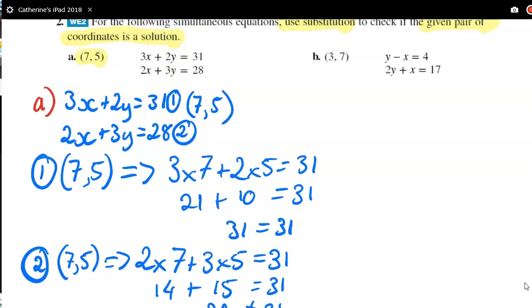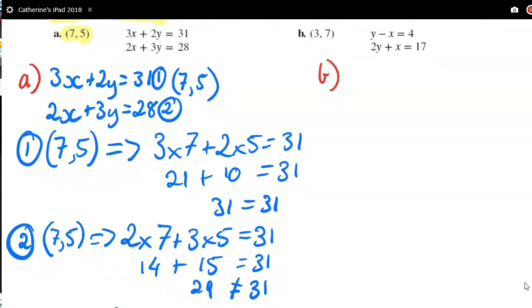B, we've got y minus x equals 4, and 2y plus x equals 17.